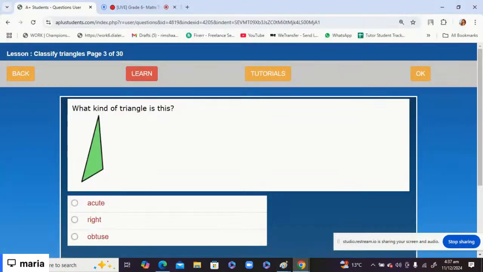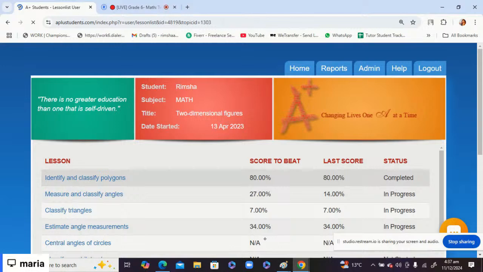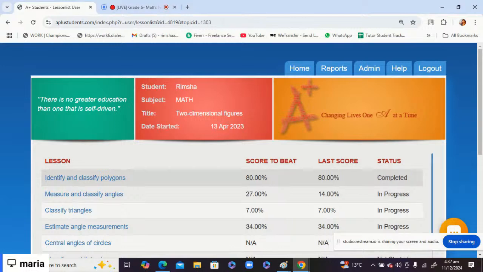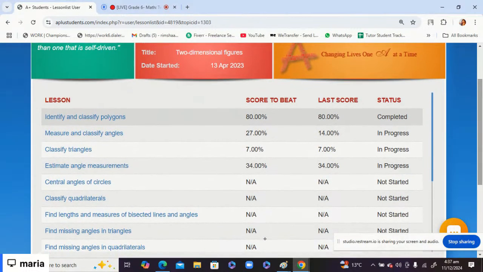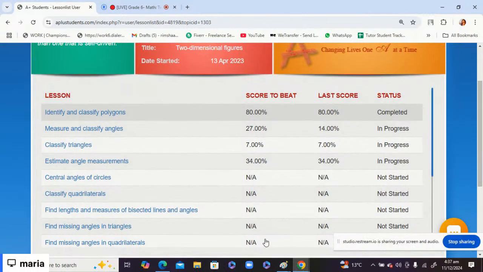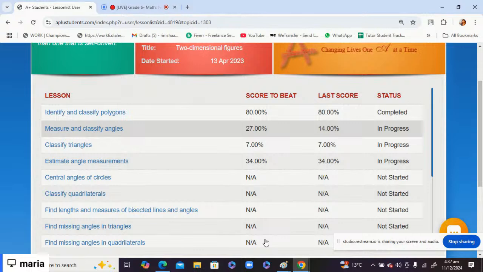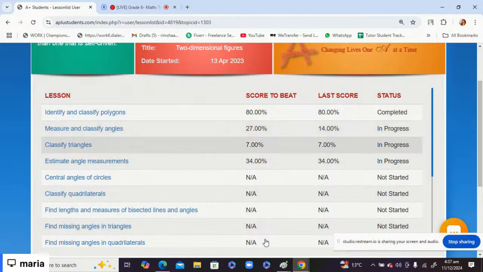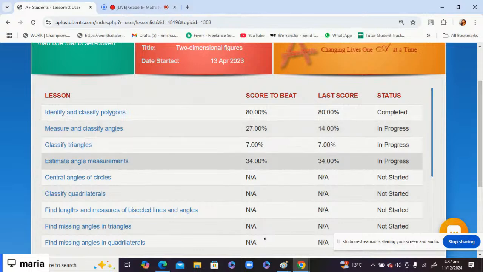Now let's discuss the next and last lesson for this class. So here we discuss how to identify and classify the polygons, measure and classify the angles, classify the triangles, then estimate the angle measurements.